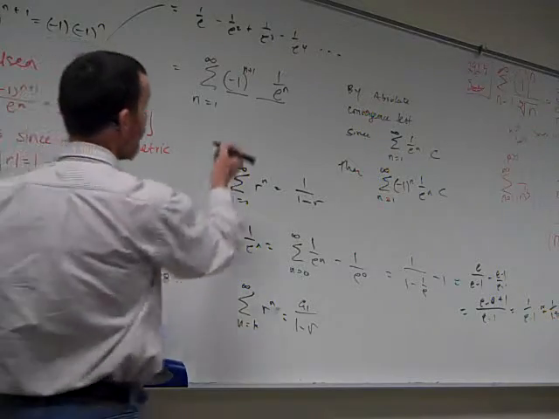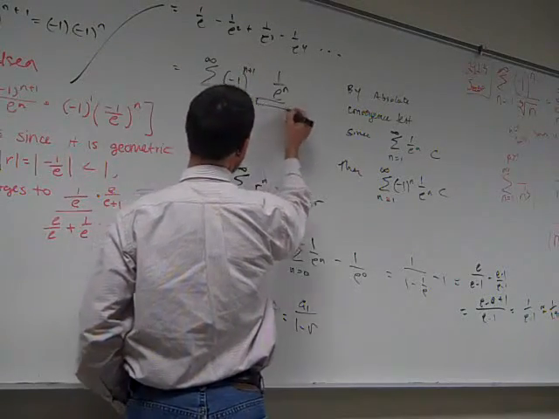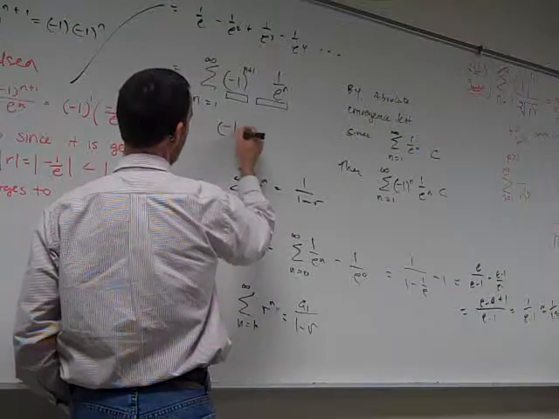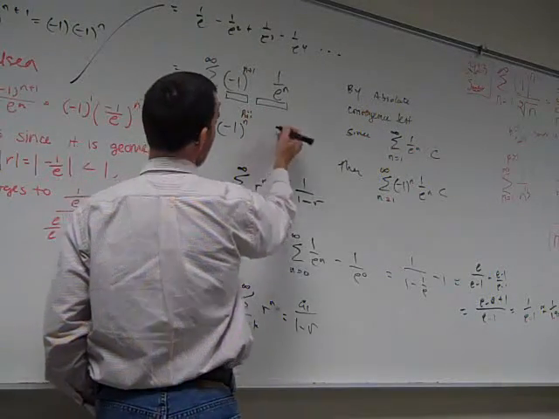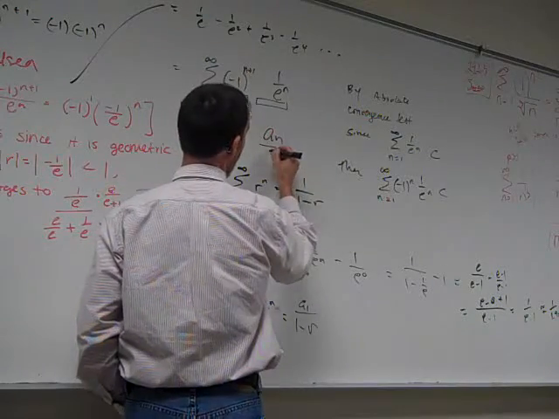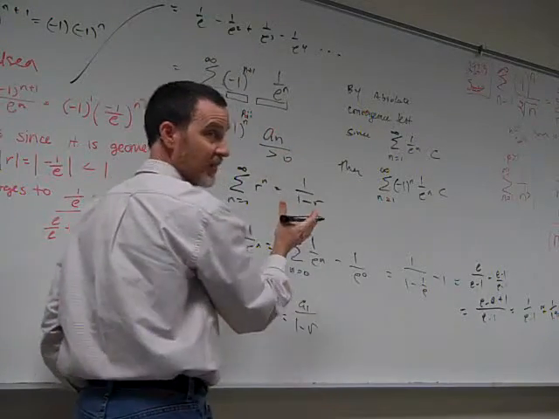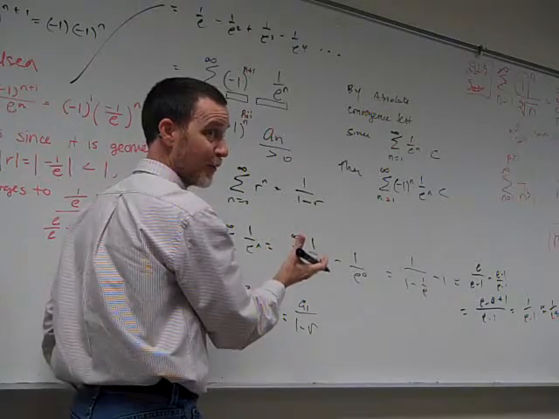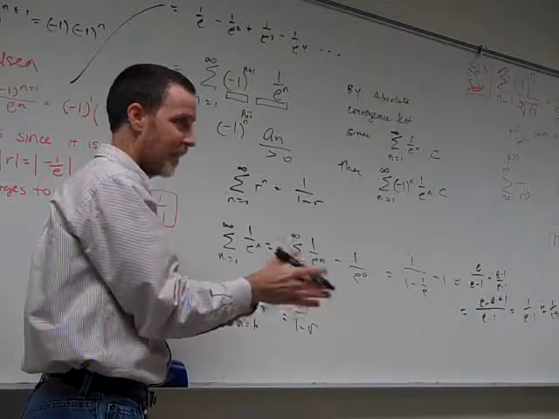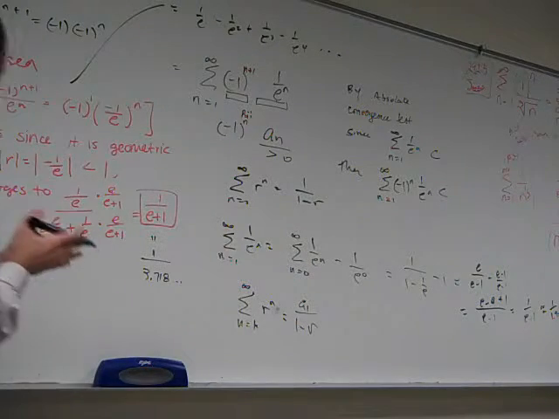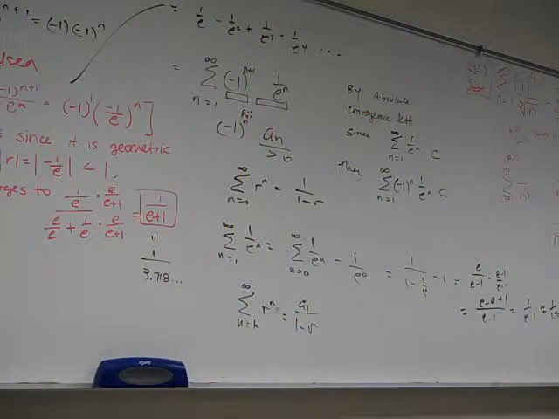Yeah, because all our tests talk about the alternating part, n or n plus 1 or n minus 1, and the a sub n, where we're assuming that this part is positive. So I'm just rewriting it in standard form so that it fits the tests that are written down in the notes. That's all I'm doing, rewriting it so it looks like one of the tests in the notes.